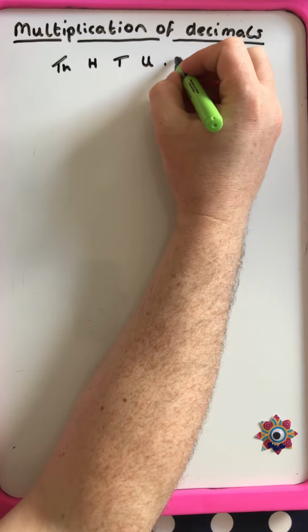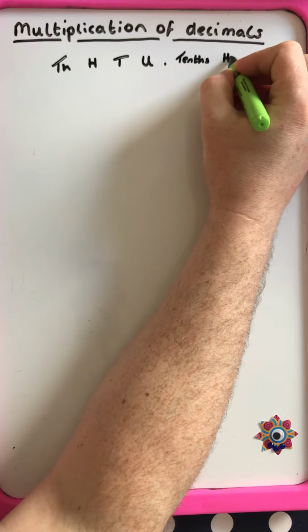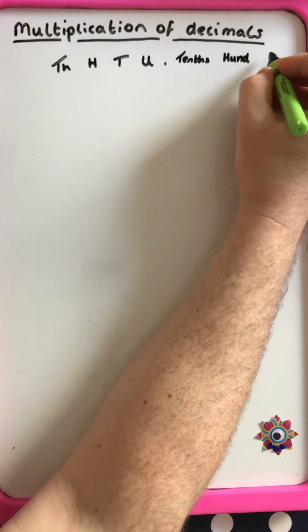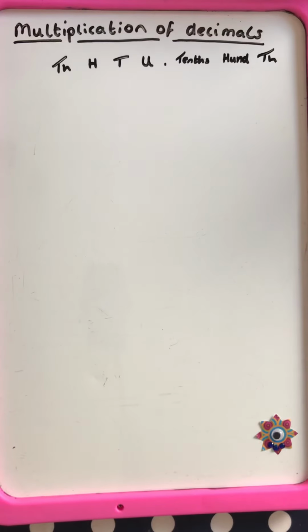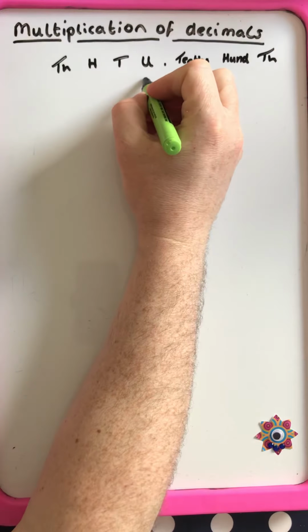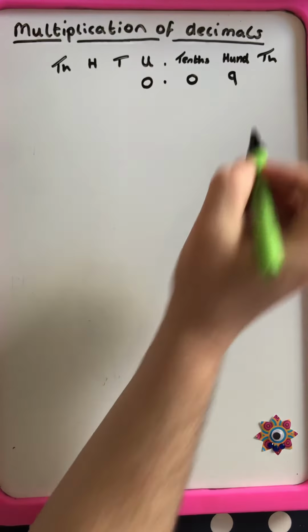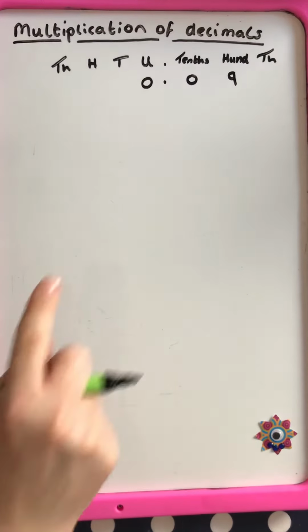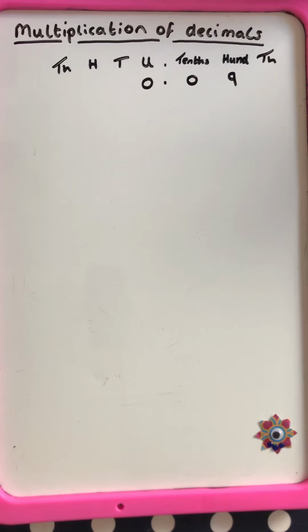And then we've got our tenths, our hundredths, and our thousandths. So if I was to write a decimal, then I would read that as 9 hundredths.